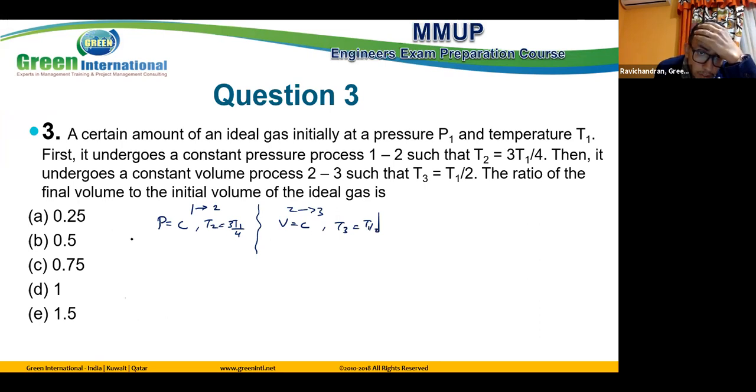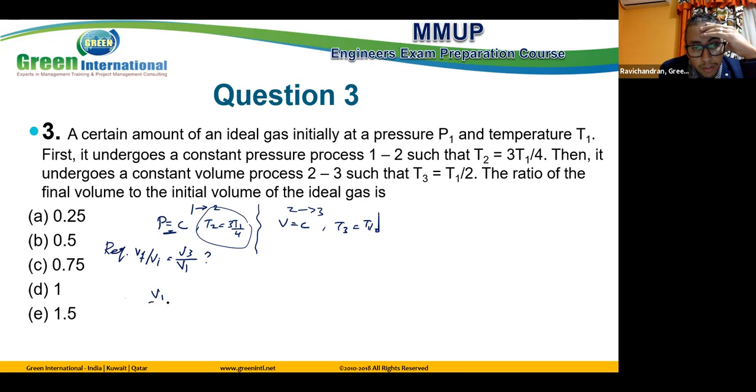What is the ratio of final volume? So it requires final volume by initial volume. What is the reference for final volume? The last stage, V3, and initial volume V1. So this is what is required. From the first relation, we can get a relation between temperature and volume.